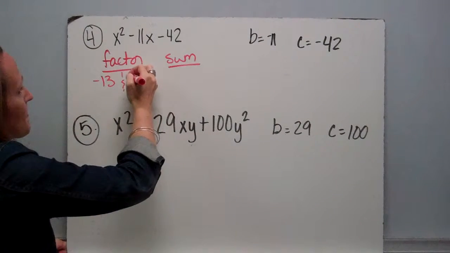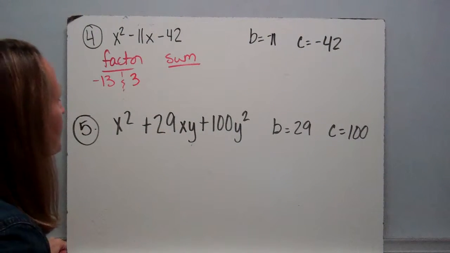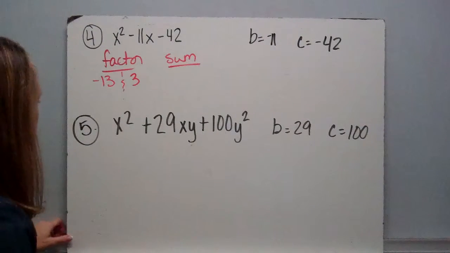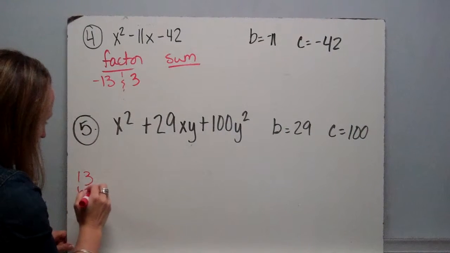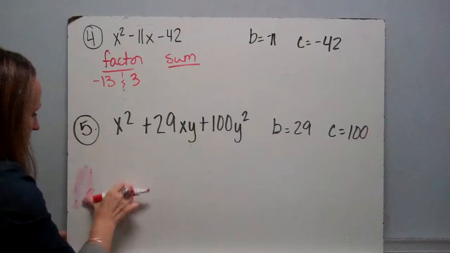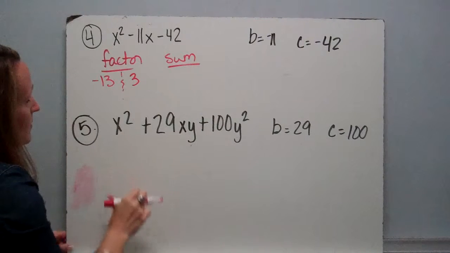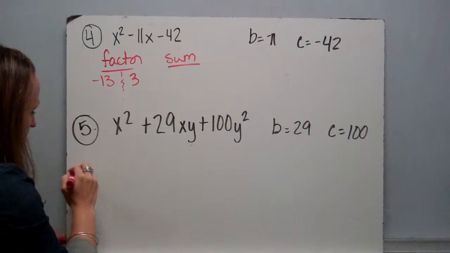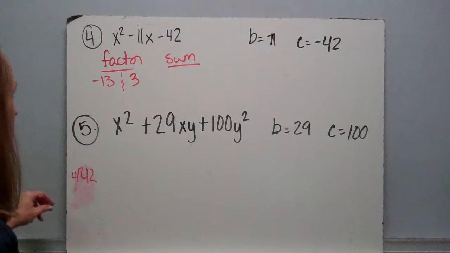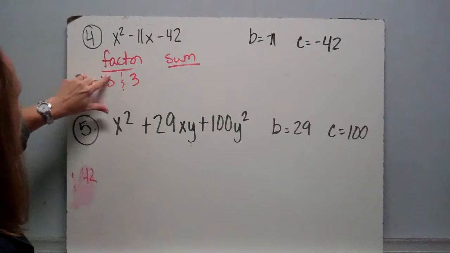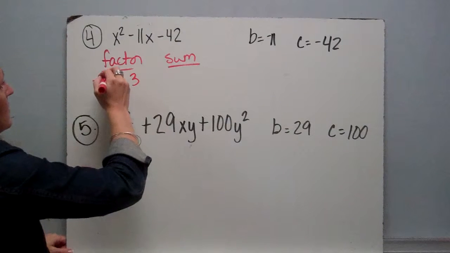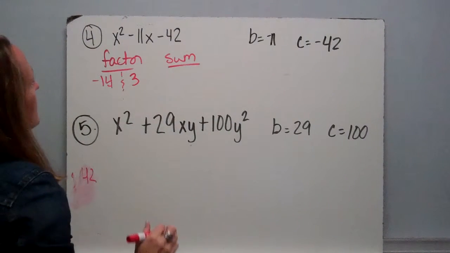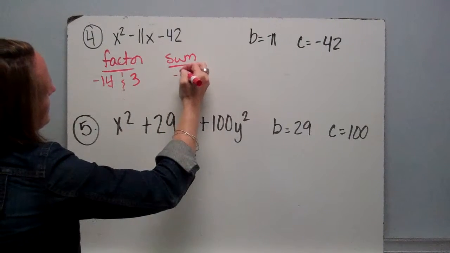Does that work? No? 13. Nope, that's only 39. How about 14 and 3? That should do it. Because if we add those, we're going to get negative 11.